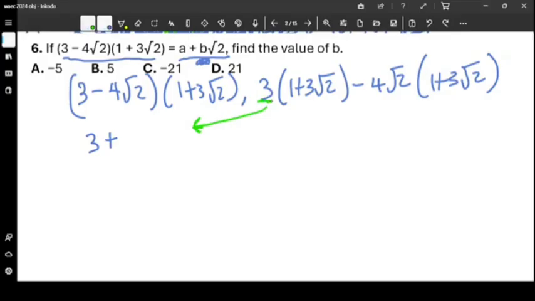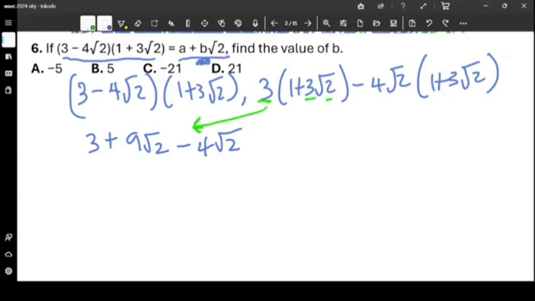Only the number 3, we multiply this number outside. The roots will remain the same. So that will give you 9 root 2. Minus, let's go to the next side. 4 root 2 times 1 is 4 root 2. Then minus 4 root 2 times plus 3 root 2.